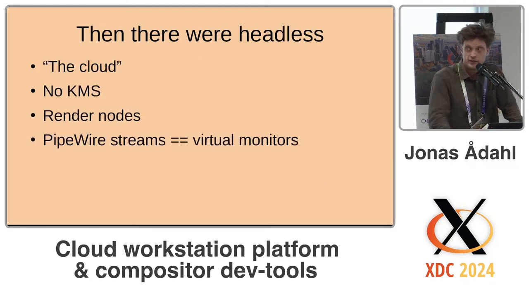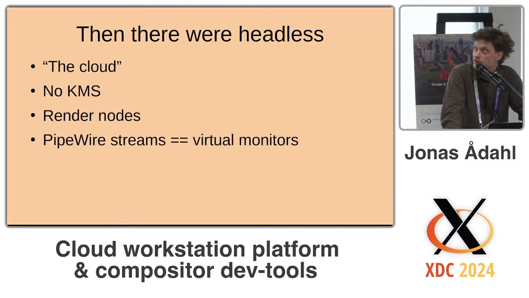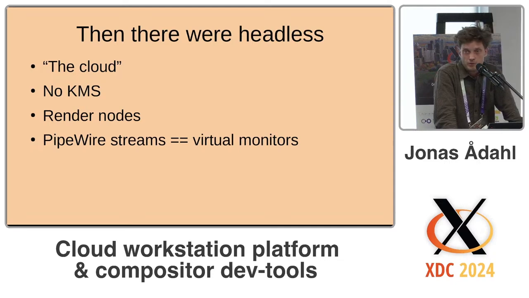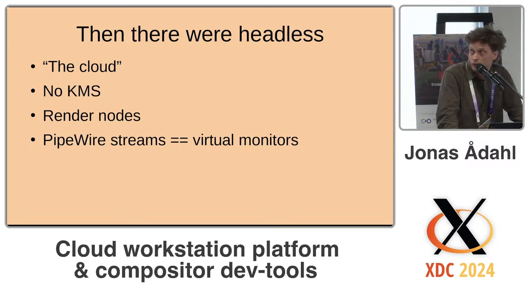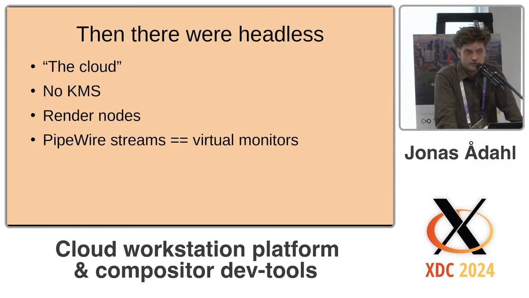The next step in the process of going cloud is running the compositor headless. We didn't want to involve the kernel too much because there's no need, because there are no display devices that we're going to connect to. So no KMS at all. Still, you need hardware acceleration, so just use the render node, so we get an EGL or Vulkan context.